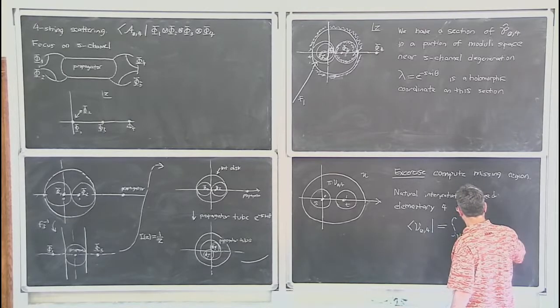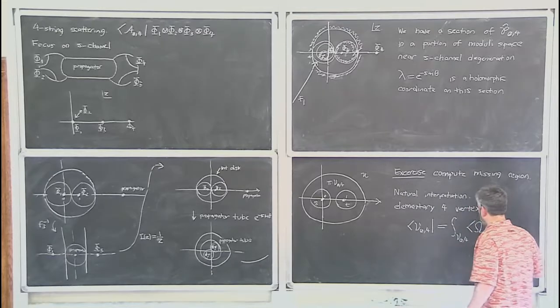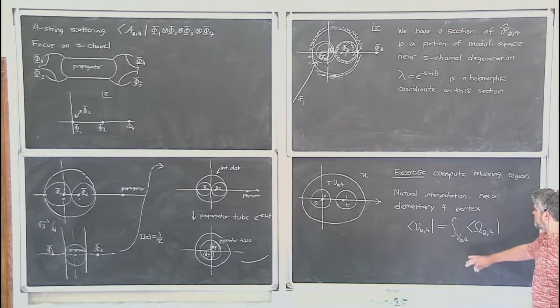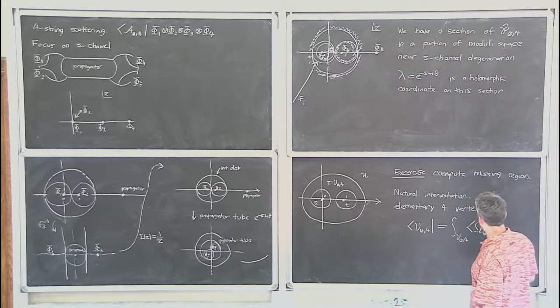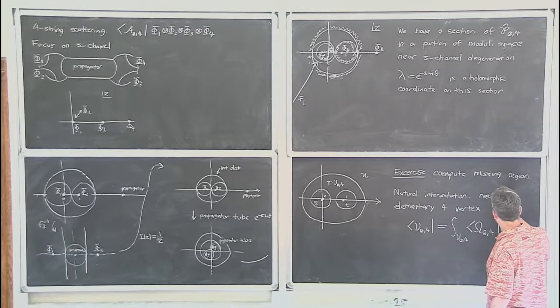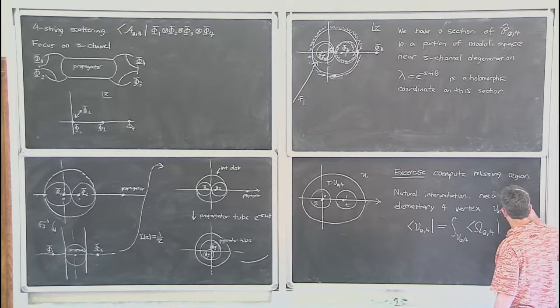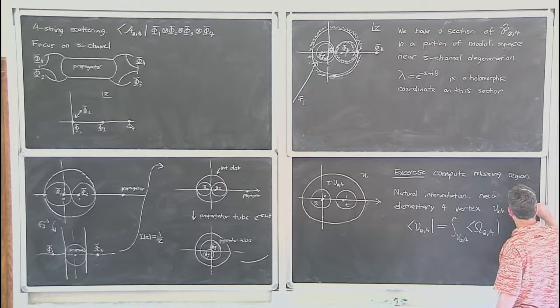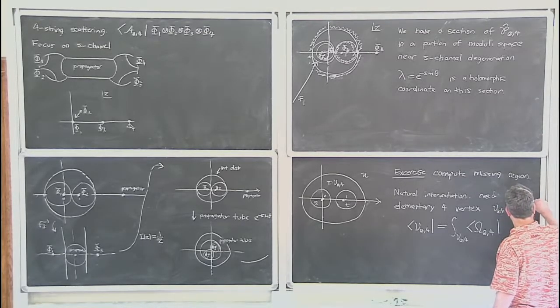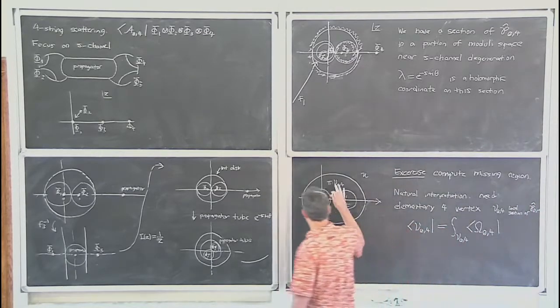And we integrate the measure along this section. So we have some local section of P hat 04, which is defined in this missing region.